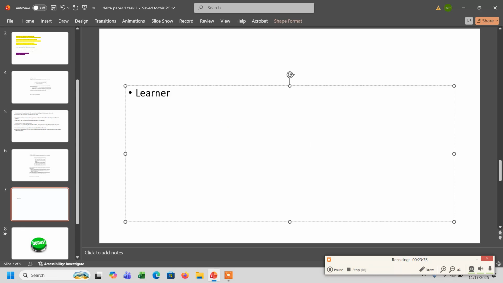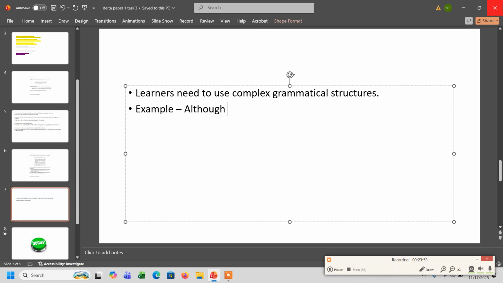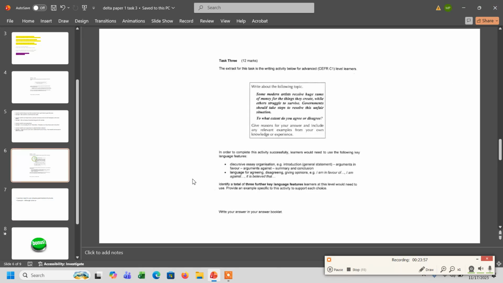Okay, so learners need to use complex grammatical structures. Okay, for example, although some, right, wait, let me check that.